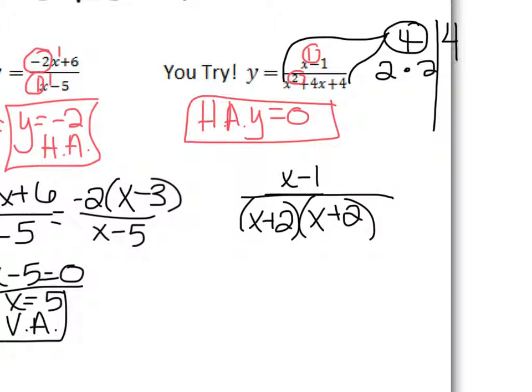Now remember, we only set the denominators equal to 0 for vertical. Do I need to set both parentheses equal to 0? No, because they're the same parentheses. So I just need to do one. So if x plus 2 equals 0, that means x equals negative 2. I look back here. Would anything cancel from the top and the bottom? The answer is no, which means this is a vertical asymptote.